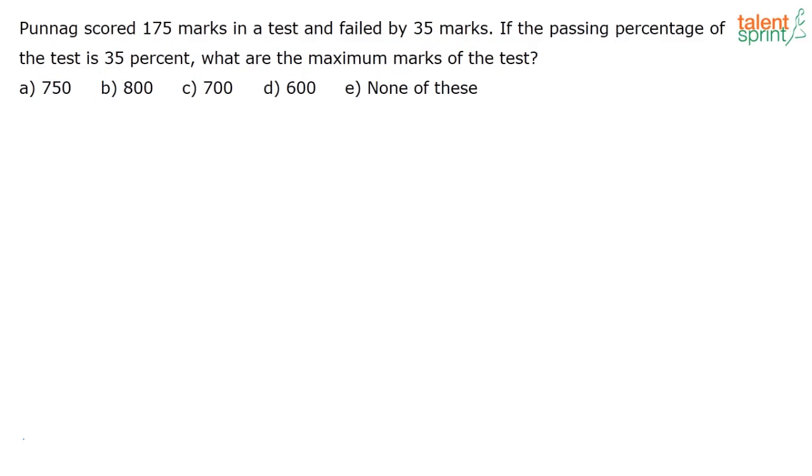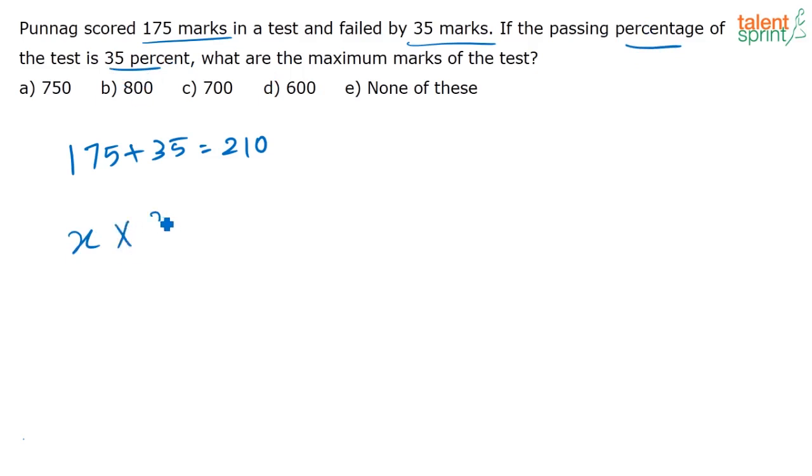Very easy question, no? See what is given in the question. He has scored 175 marks and he has failed by 35 marks. So what does that mean? What is the passing mark going to be? It's going to be 175 plus 35, that is equal to 210. Now what have they given? If the passing percentage in the test is 35%. So if the total marks that you can score in the test is X, then your passing mark is going to be 35% of this, correct?